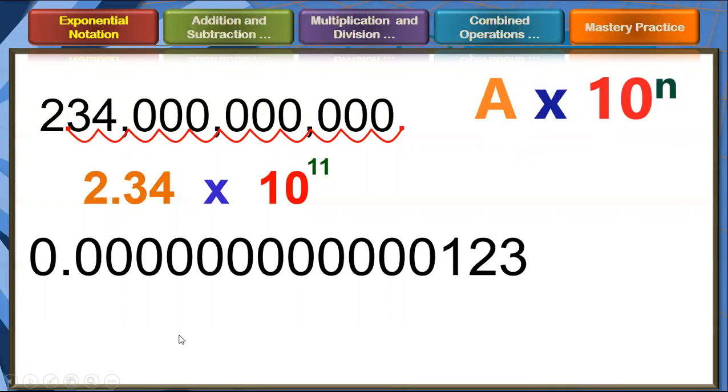The same thing, all we have to do is move the point, but this time we move it to the right. So let's count: 1, 2, 3, 4, 5, 6, 7, 8, 9, 10, 11, 12, 13. We moved the point 13 times to the right.